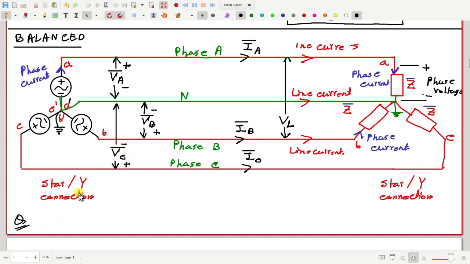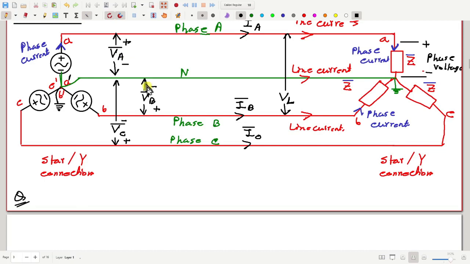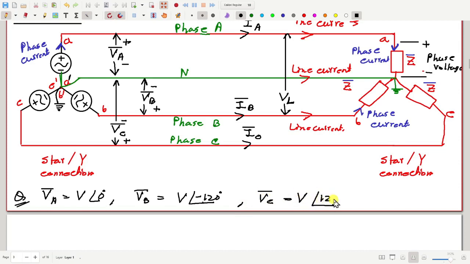So what do we have? VA, VB, VC are of equal magnitude and 120 degree apart. If I write VA equal to V angle 0 degree, then VB will be V angle minus 120 degree and VC will be V angle plus 120 degree, or minus 240 degree, same.